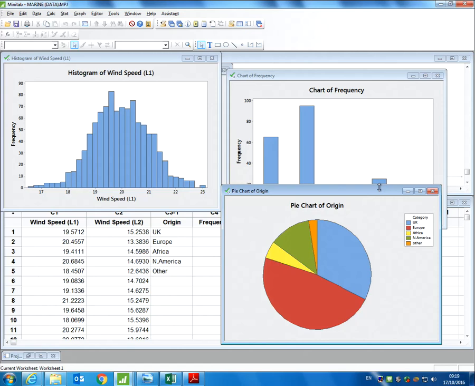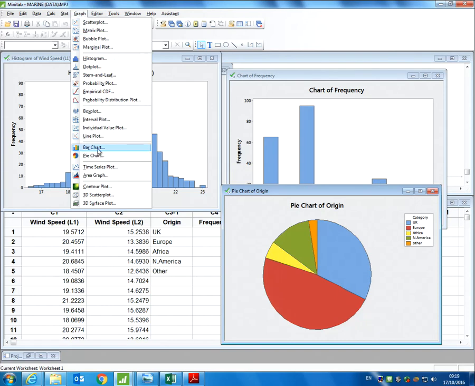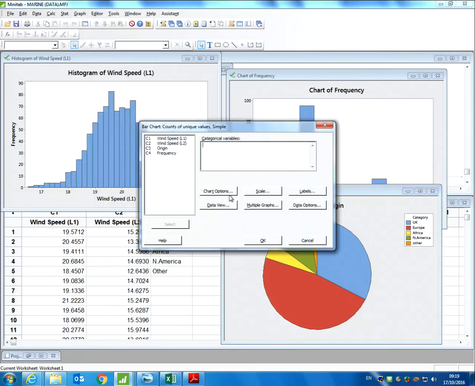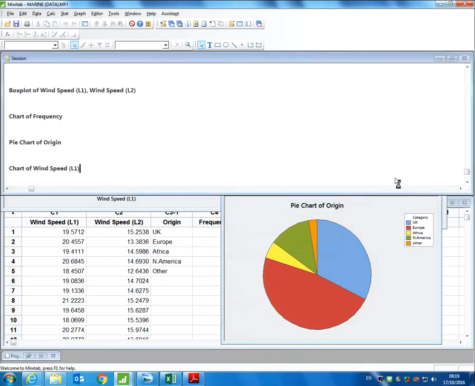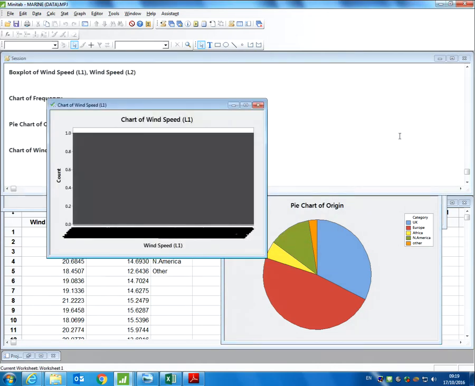So the question is, what would a bar chart look like of the 1,000 wind speeds? The axis will be 1,000 observations with the frequency of 1. It will be 1,000 equal bars. Well done.